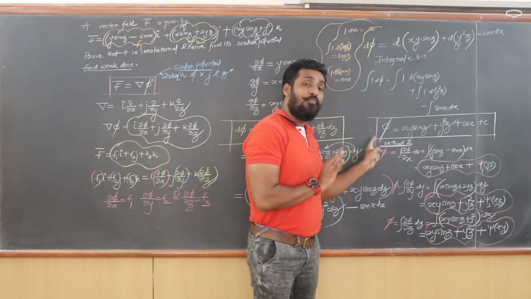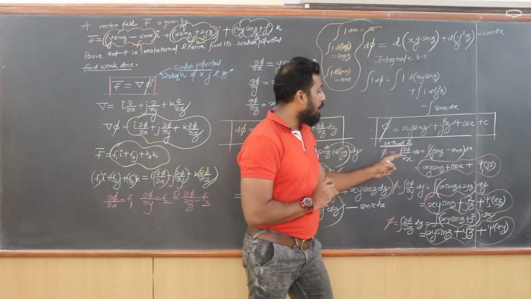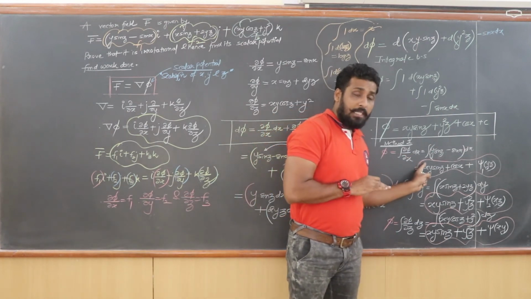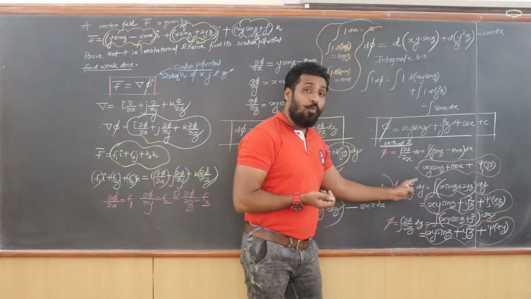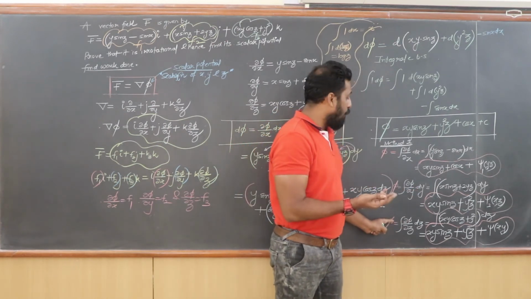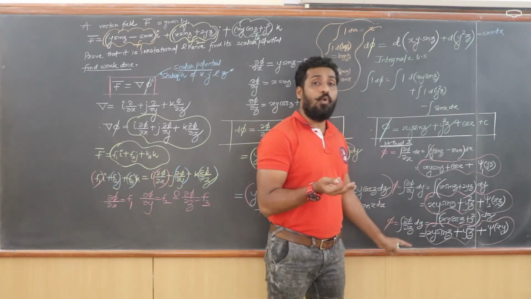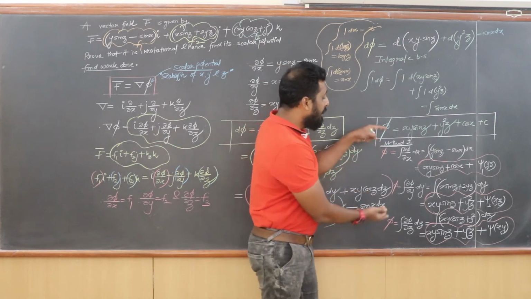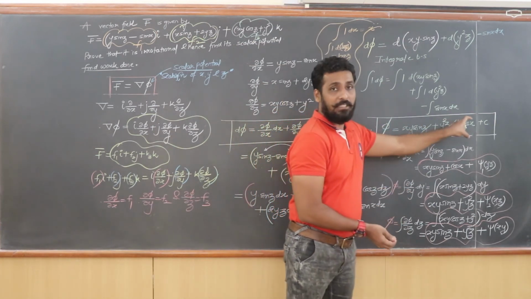It simply means phi is obtained from any of these 3 steps, but the problem is when I'm integrating with respect to x, I don't know what y and z is going to come. When I'm integrating with respect to y, I don't know what x and z is going to come. Similarly, when I'm going to integrate with respect to z, I don't know what x and y functions are going to come. So these 3 should be combined together to get the final answer.